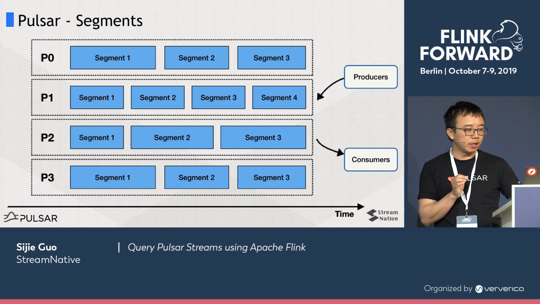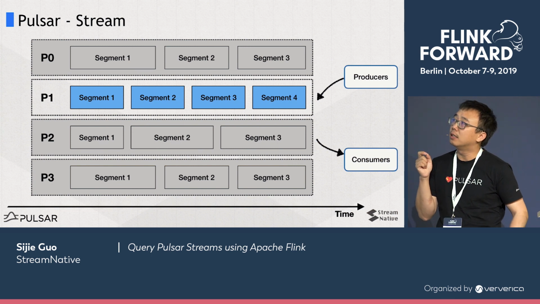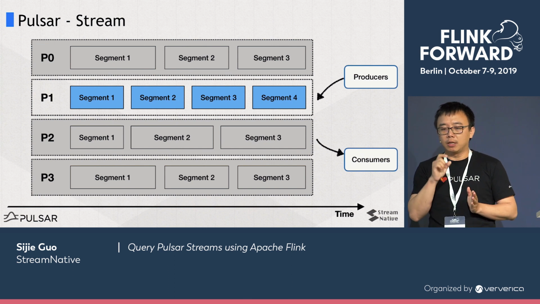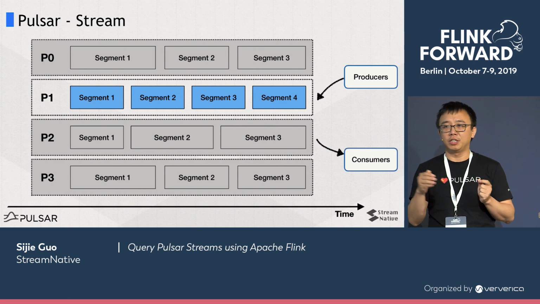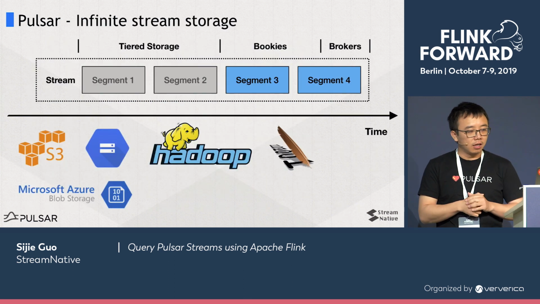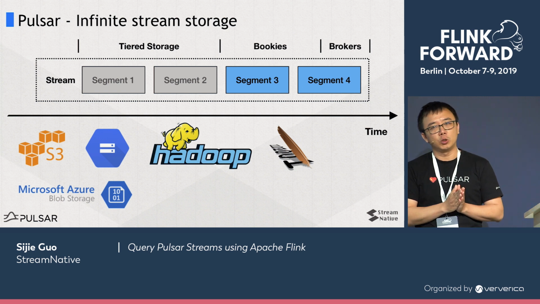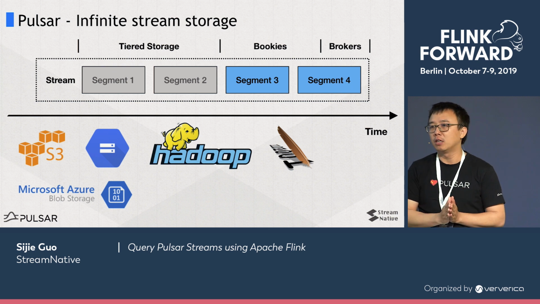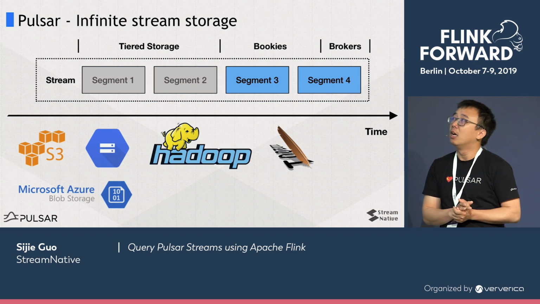What we think the fundamental principle of Pulsar is, if you look into it, is that the partition is a scale-out unit, but a partition itself is abstracted as an infinite append-only stream. Because it's segmented, when you keep appending data into the partition or the stream, you generate a new segment, and the old segments age out.